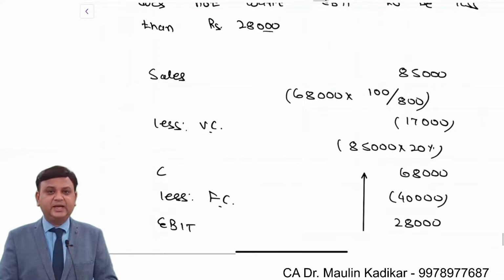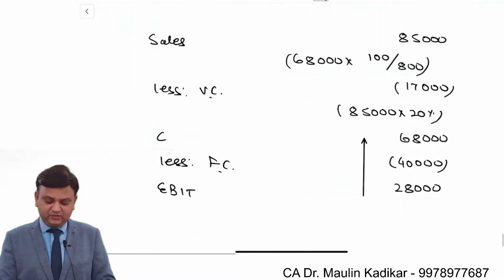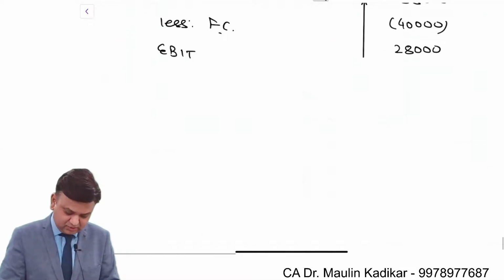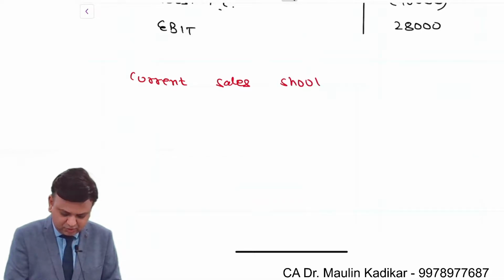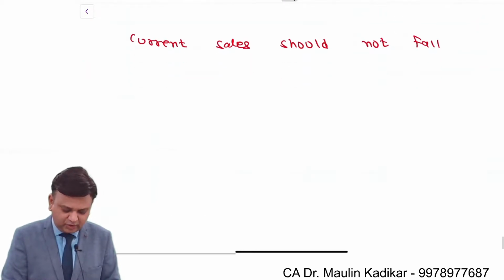Current sales is 1 lakh, so it should not fall below 85,000. So written answer: current sales should not fall below rupees 85,000.